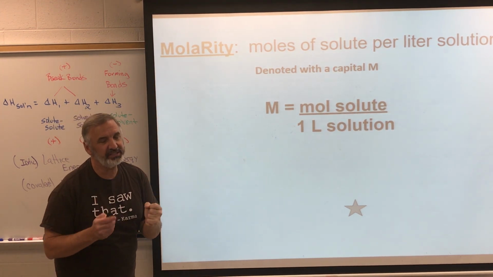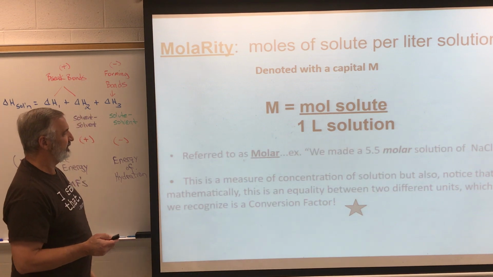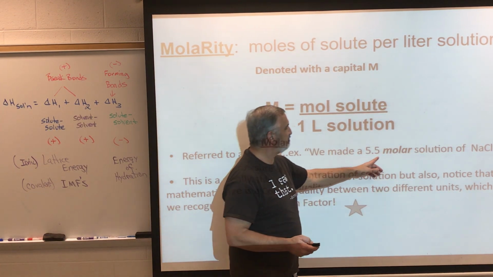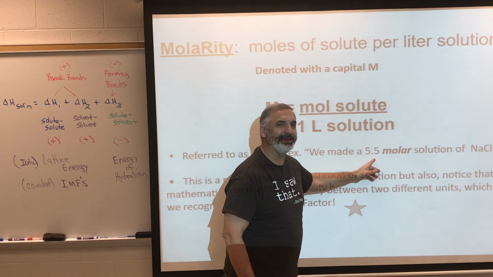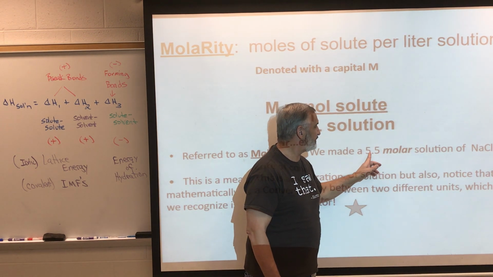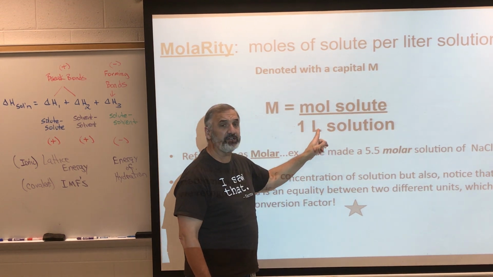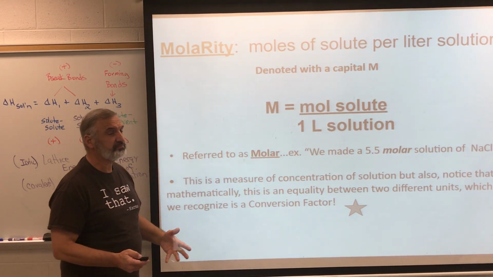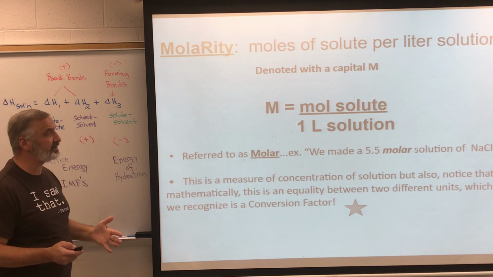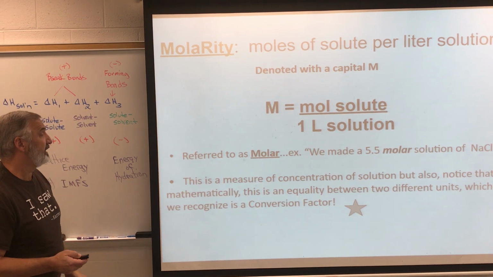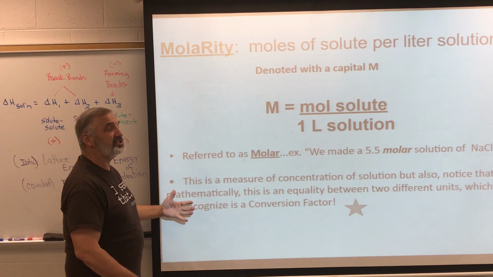And yes, you can see what's coming, stoichiometry. Okay, so if we make a 5.5 molar solution, that means the molarity of the solution, there's 5.5 moles of NaCl for every 1 liter of the total solution. We added in enough water to make 1 liter, okay? So this is again the stress point.